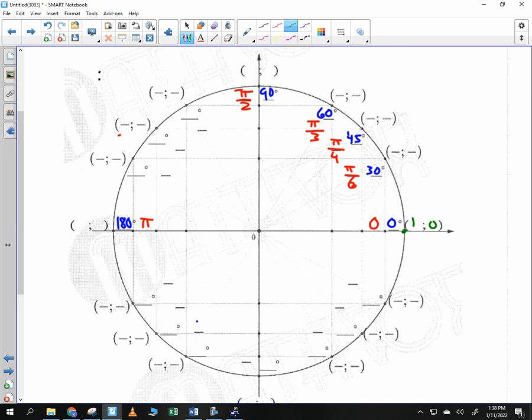How about this one? 0, 1. How about this one back here? So the big idea is being able to find these other coordinates. And they're not real nice numbers. And how do we determine it? Well, we're going to use some geometry, and it's really going to be cool. You're really going to like it.